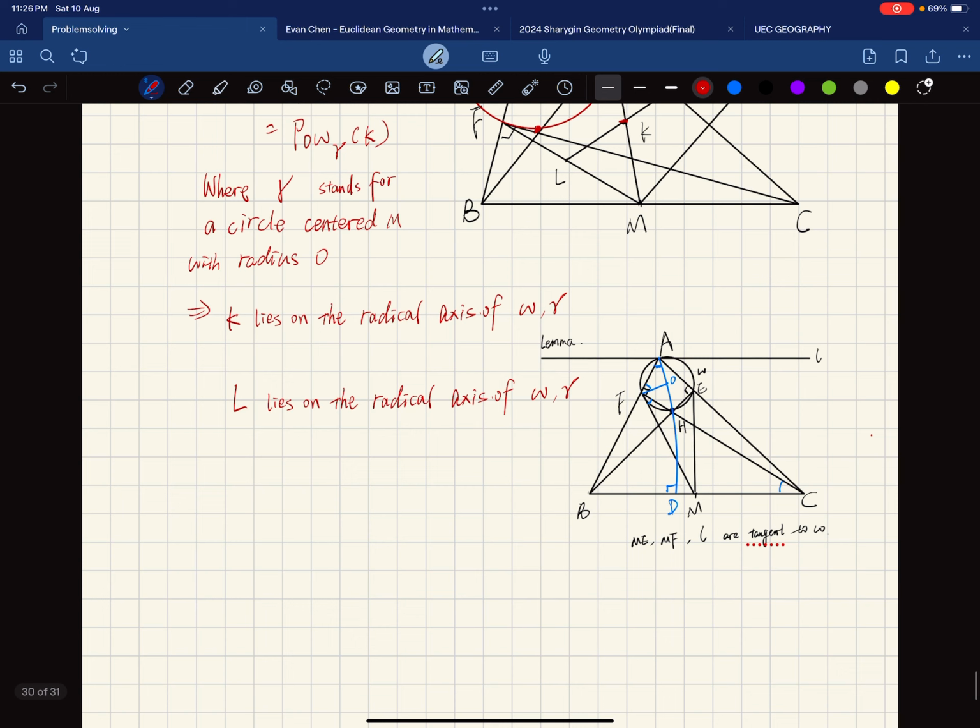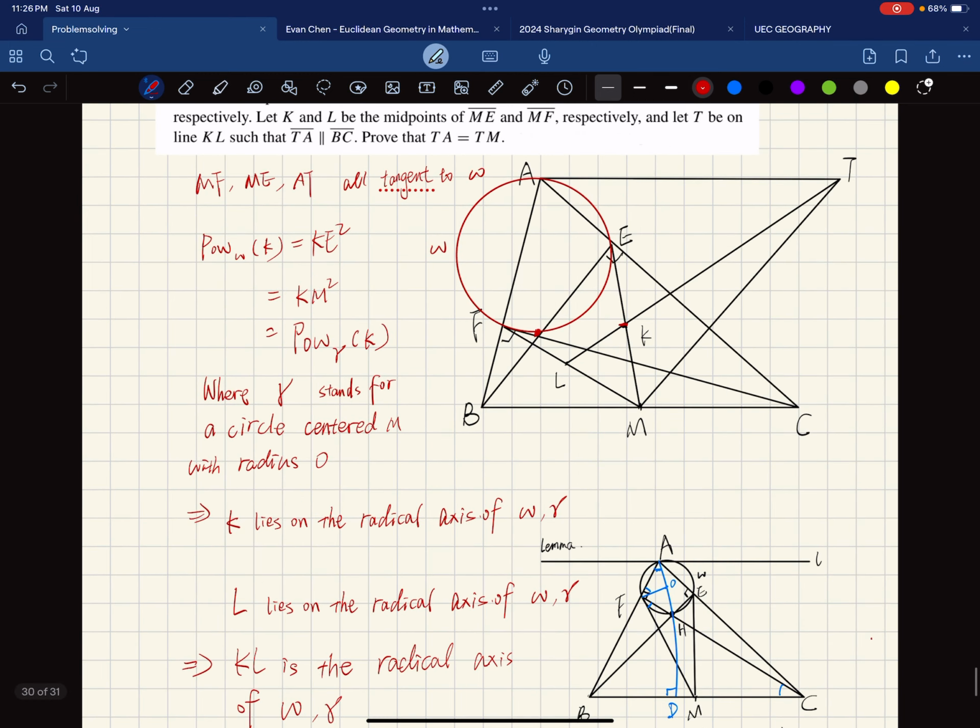So what can we infer from this? That is, KL is the radical axis of omega and gamma, plus T is on KL. What does it mean?